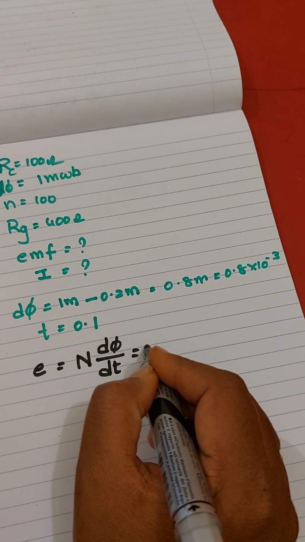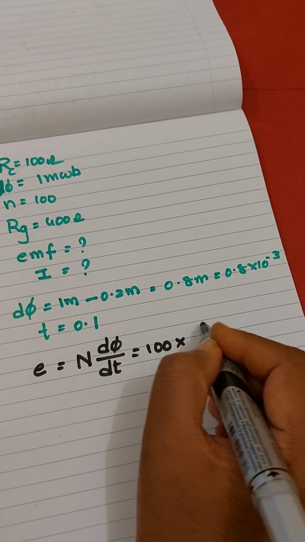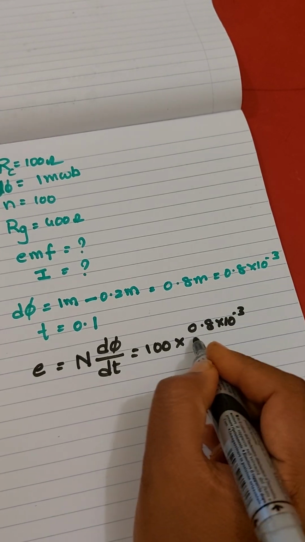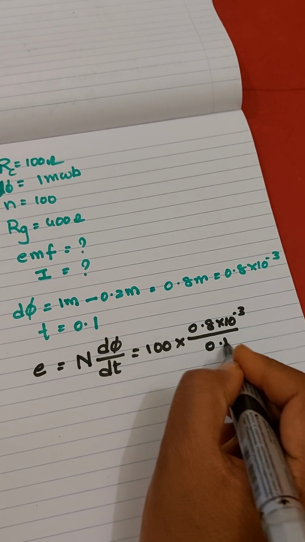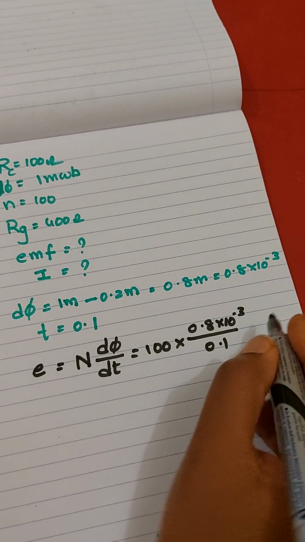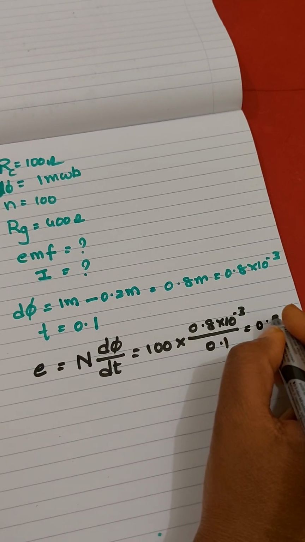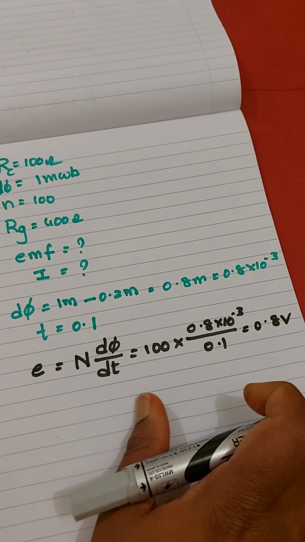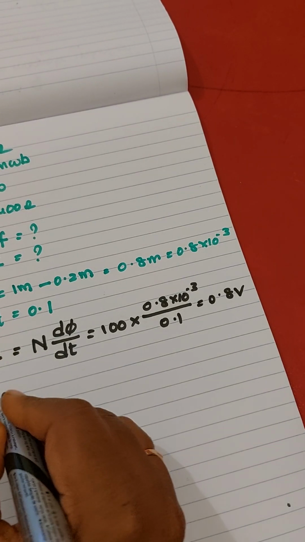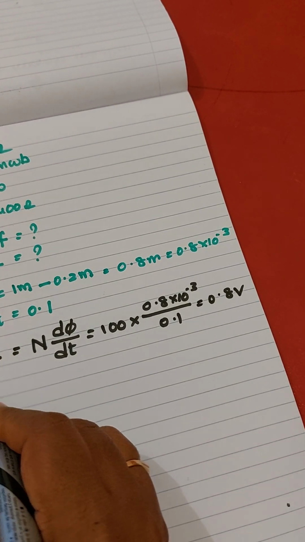Number of turns is 100. d phi is 0.8 into 10 power minus 3, and dt is the change in time. Time is 0.1. So if you solve this, you will get E as 0.8 volts. Finally we got E. Then we are supposed to find I.